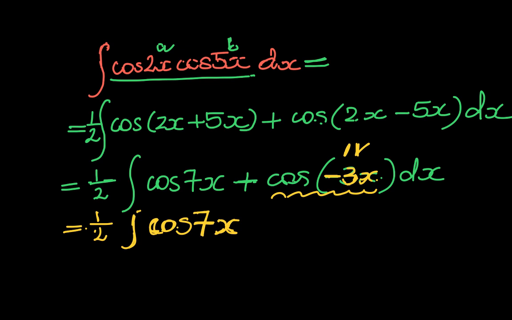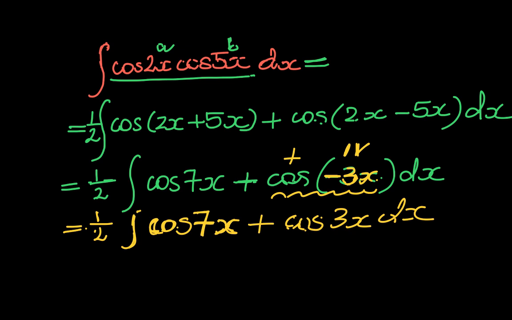In the fourth quadrant, cos is positive, so I can change it to plus cos of 3x dx.